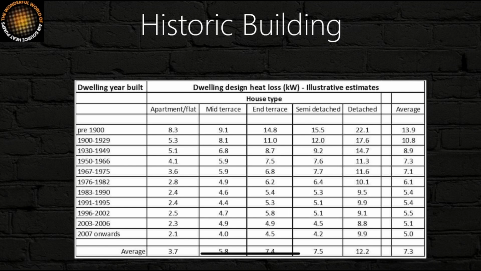So for instance, I am in a semi-detached property, and in pre-1900s, we would be looking at an energy loss of 15.5 kilowatts. But in modern standards, that is down to just above 4 kilowatts, so a massive drop in energy demand.